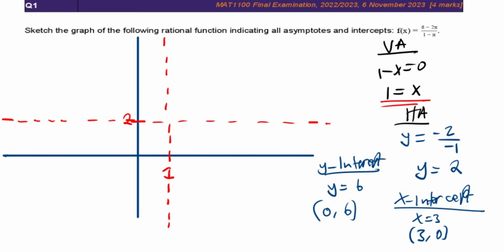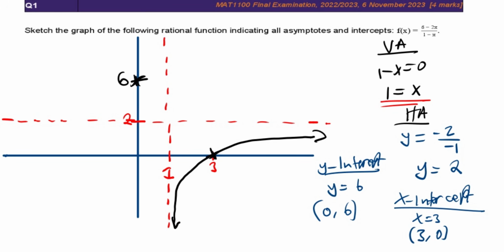The intercepts now: you start with x, 3, 0. In y we have 3, so I'll just put 3 here. This is 3, 0. Then we also have 0, 6. We'll put it here. Starting closer from the asymptote, touching this point and going this side, you put arrows because you don't know where the graph is ending.